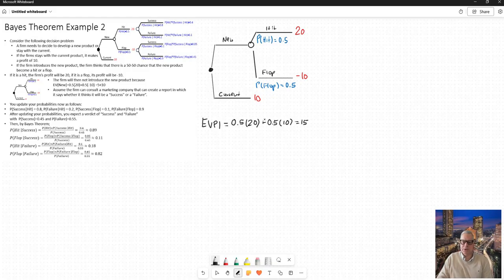0.5 times 20 is 10, plus 0.5 times 10 is 5, so 15. So that means you would pay up to 5 units to consult God in order to get perfect information, because that's the value.